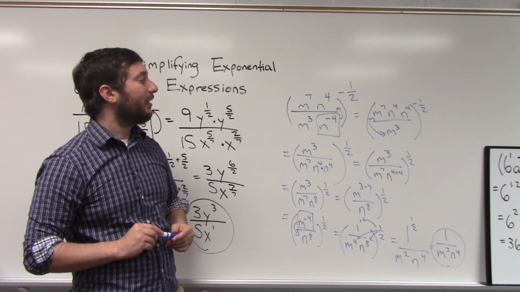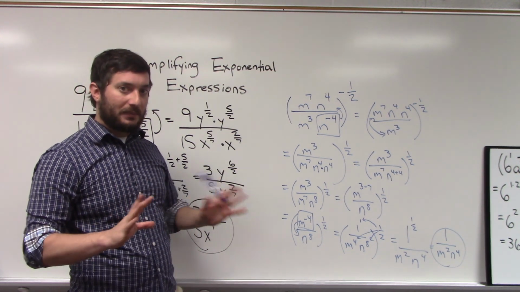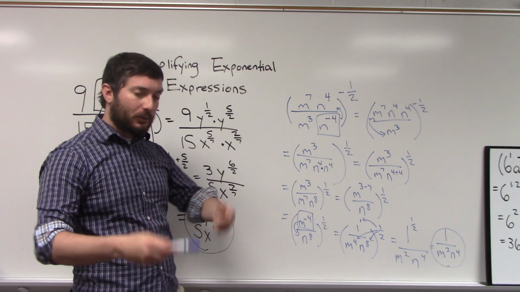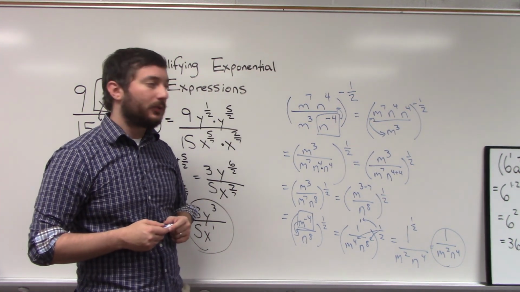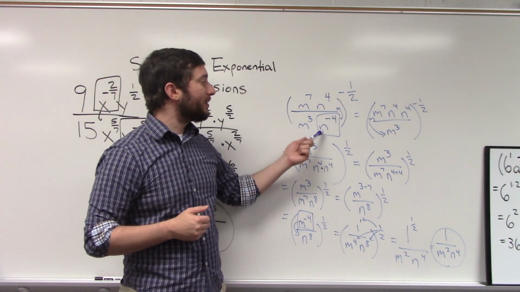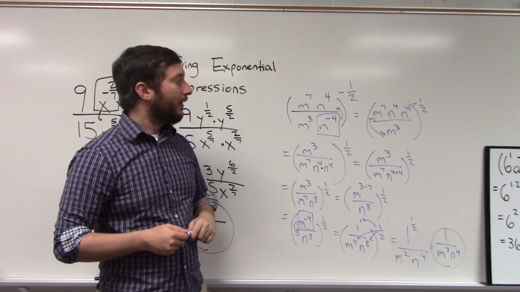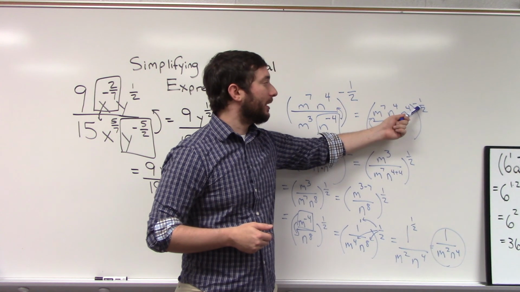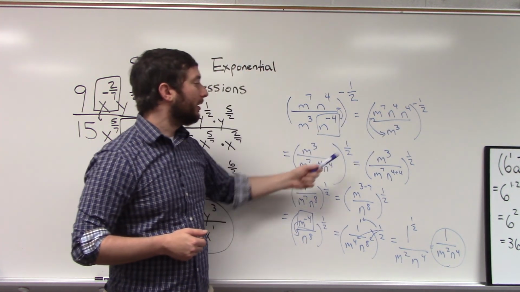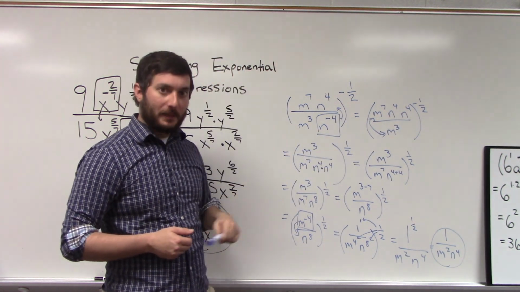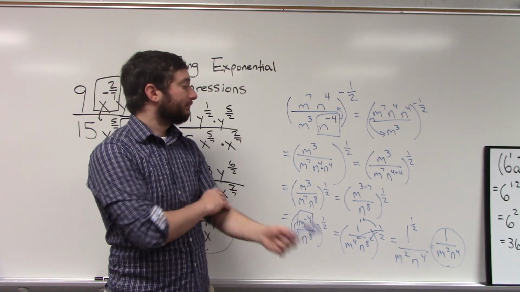The point here is that you can solve different problems different ways as long as you're aware of all of the different rules that you'll need to apply to each problem. So in this case, we first used the negative exponent rule. Then we used the negative exponent rule again to flip our fraction upside down.